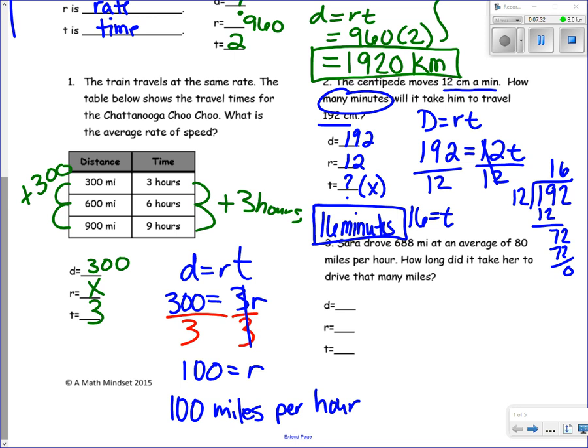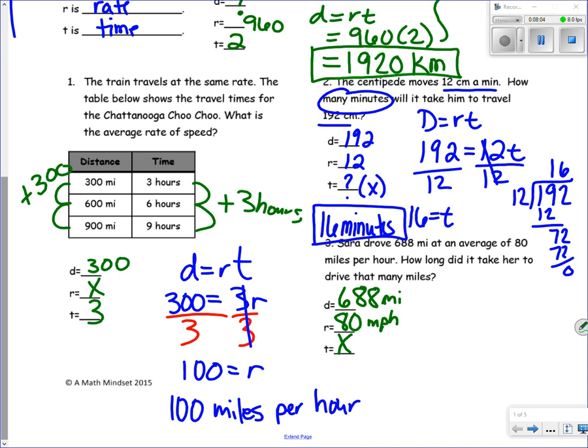Right. Sarah drove 688 miles at an average of 80 miles per hour. How long did it take her to drive that many miles? So how long, we know we're looking for time. So this is going to be our X. It tells us that she went 688 miles at 80 miles per hour, and we're looking for time.